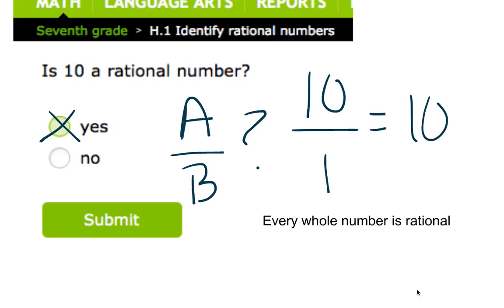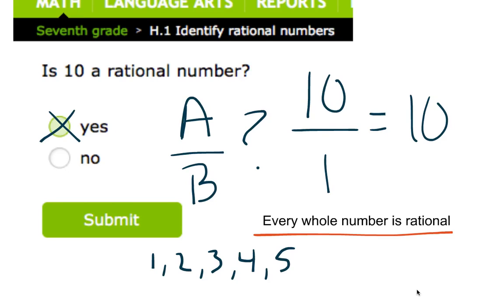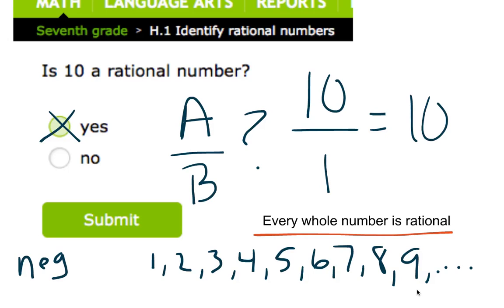Every whole number is a rational number. So 1, 2, 3, 4, any number you can count with. How about negative numbers? Yeah, those are rational numbers also, because we can write all the negative numbers over 1. We can put all these numbers over 1 and therefore make them into rational numbers, or prove that they are rational numbers.